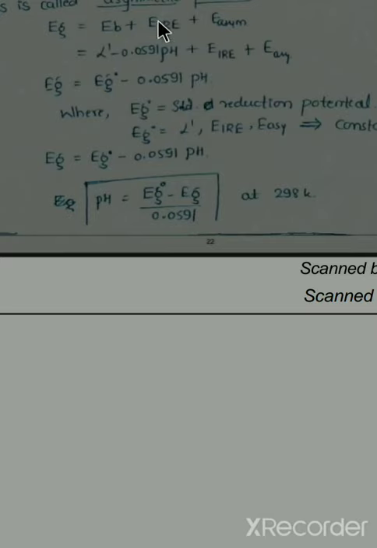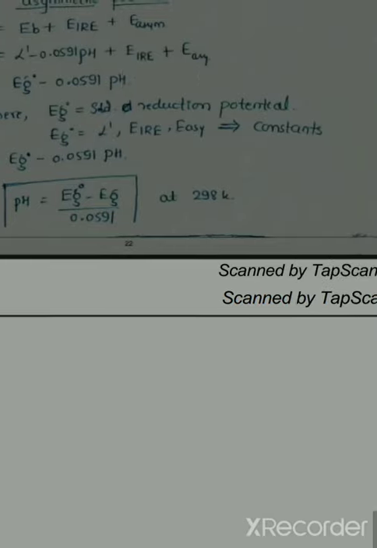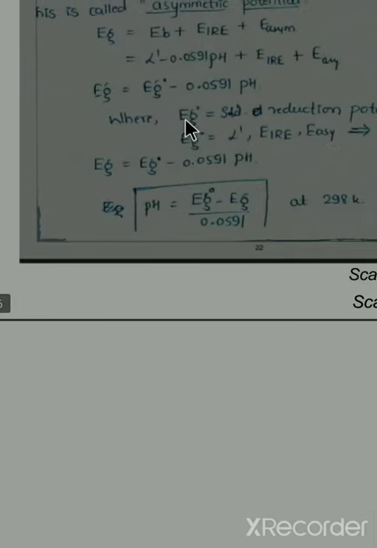So these three are constant, and together you can consider them as a whole constant, and take that as the standard reduction potential of a glass electrode, represented as Eg naught. So Eg naught is the standard electrode potential or standard reduction potential of a glass electrode, and it is equal to the three constants, that is L dash, EIRE and E asymmetric. Held together, it will be Eg naught.